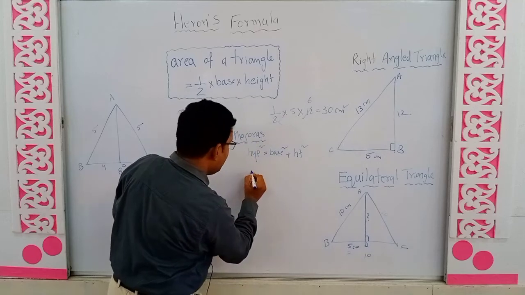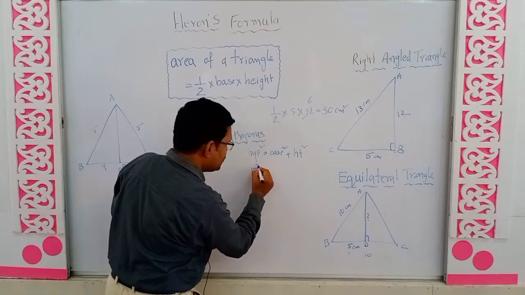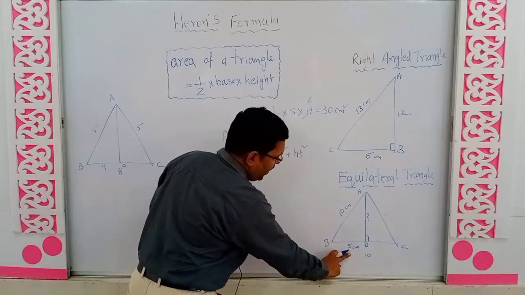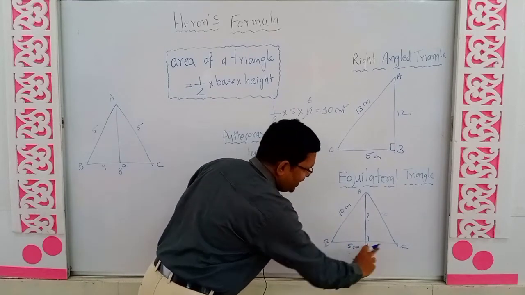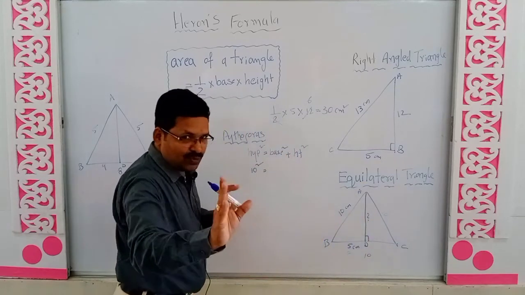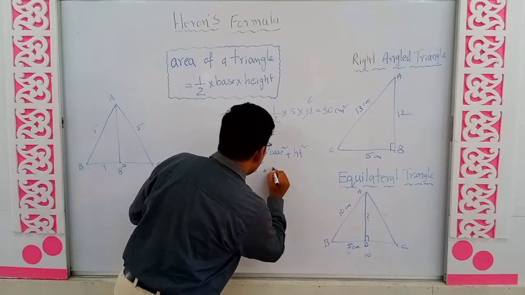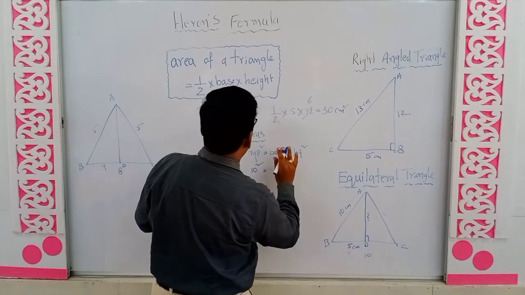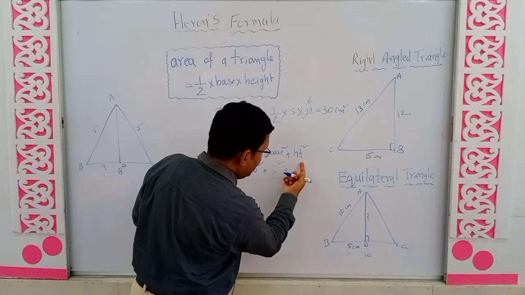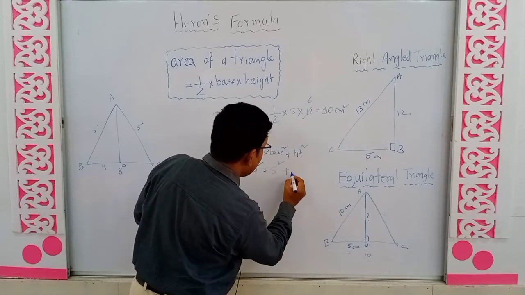For this triangle ABD, the base is BD. So hypotenuse square we know already, 10 square, and the base is 5. How is it 5? Because the whole side is 10 and this AD bisects it, that's why it is 5. So base square is 5 square, plus the height square, AD square, we don't know.